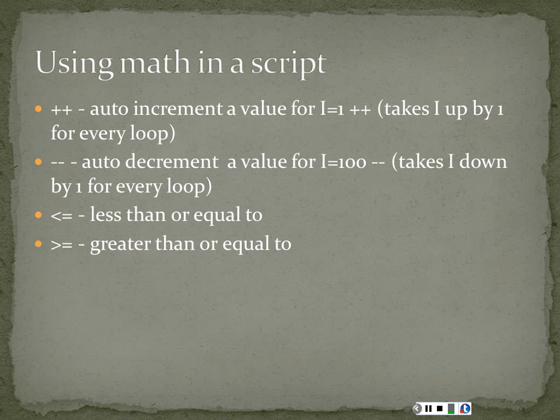All right, so using math in a script. When you're doing conditionals, when you want to increment or decrement a number, there's usually the double pluses or the double negatives, right? So if you have a value I equals 1, and you're looping something, waiting for something to happen, you can increment by 1. Most programmers do increment by 1. If you're NASA, you decrement by 1. 5, 4, 3, 2, 1. Kind of interesting how they do it.